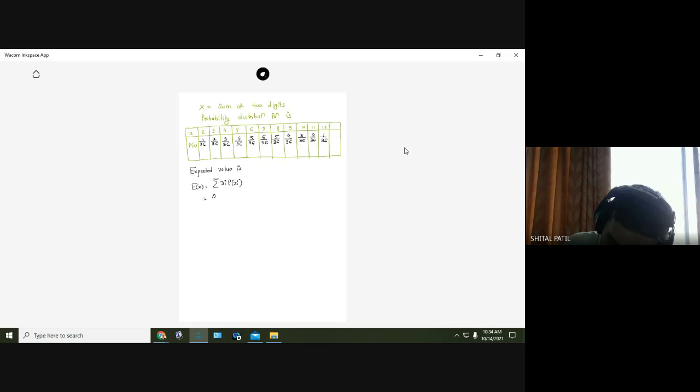Now expected value. So 2 into 1 by 36 plus 3 into 2 by 36, 4 into 3 by 36, and the rest write down up to 12 into 1 by 36.